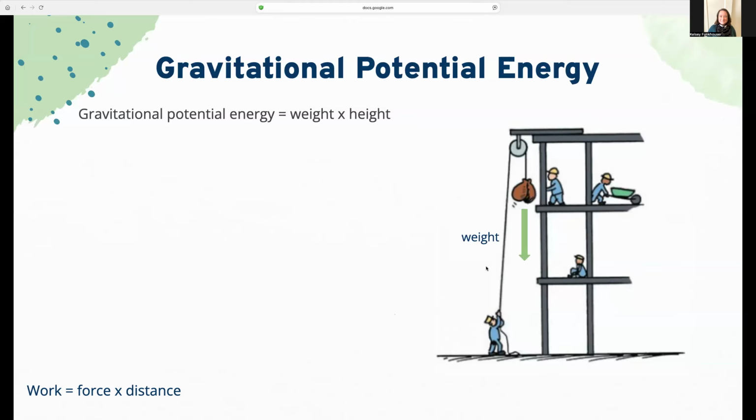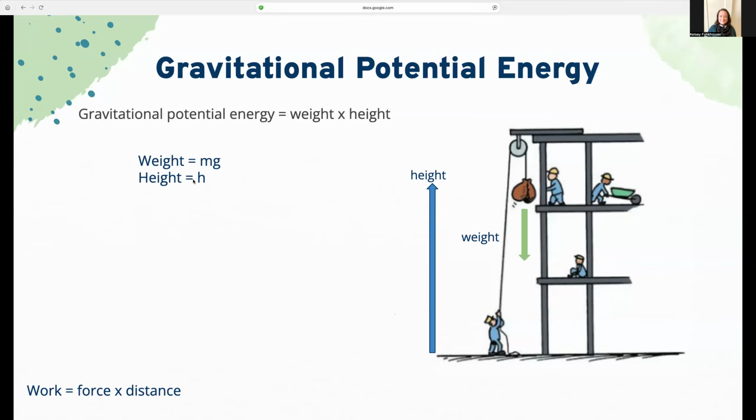So we can look at this example of the construction worker, or more than one construction worker, and the gravel bags. So the weight is pushing down. And in our example, the construction worker was pulling the gravel up. So the height is like 2 floors upward. So the weight is mass times gravity.